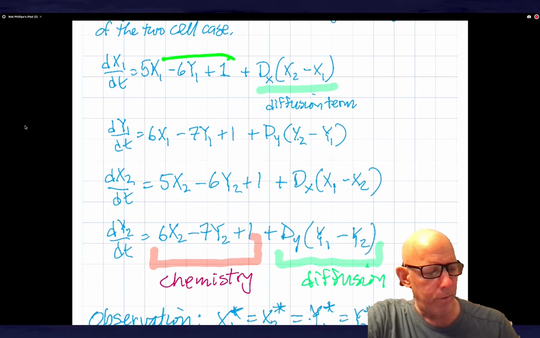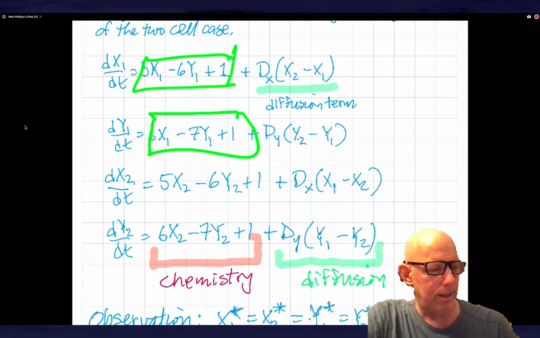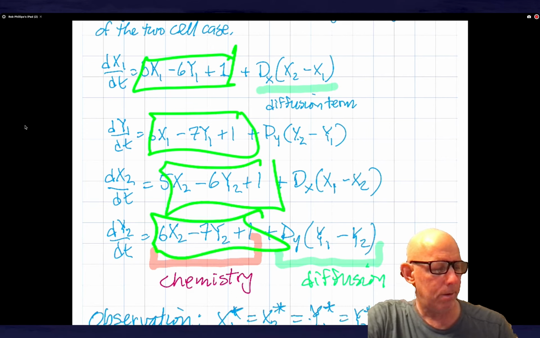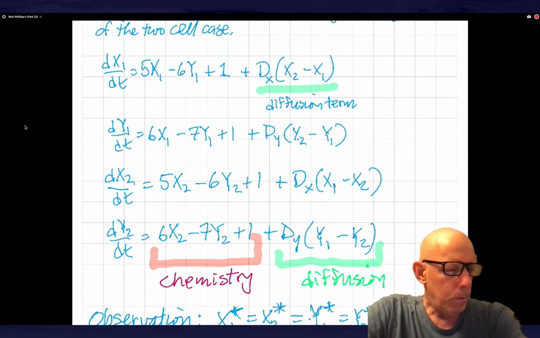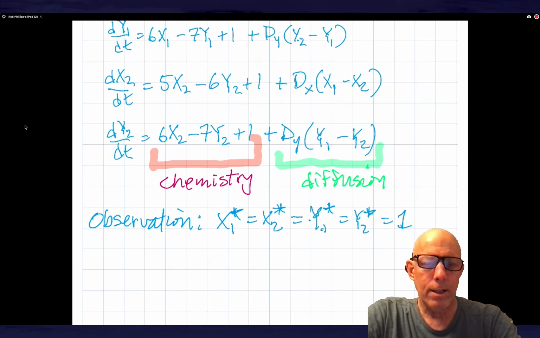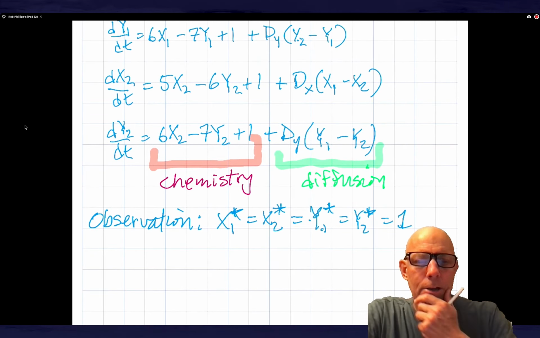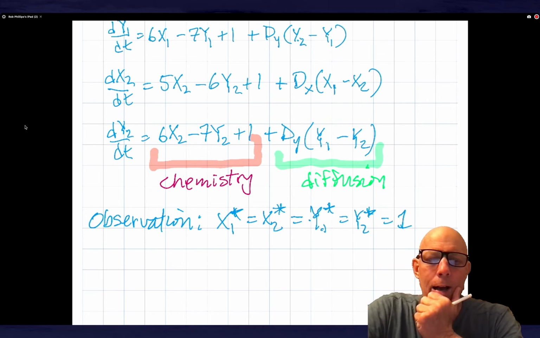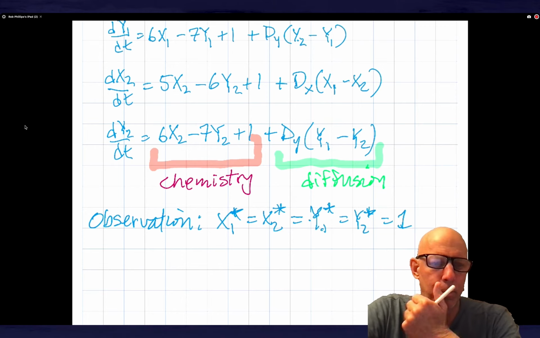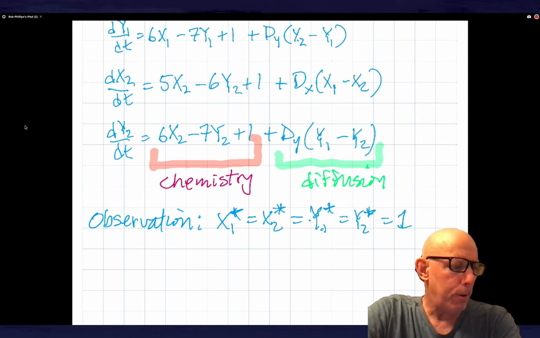And we already know from the previous one-cell case that these guys vanish. So we found the fixed point. Once again, we're going to ask the question of whether or not the fixed point is stable.